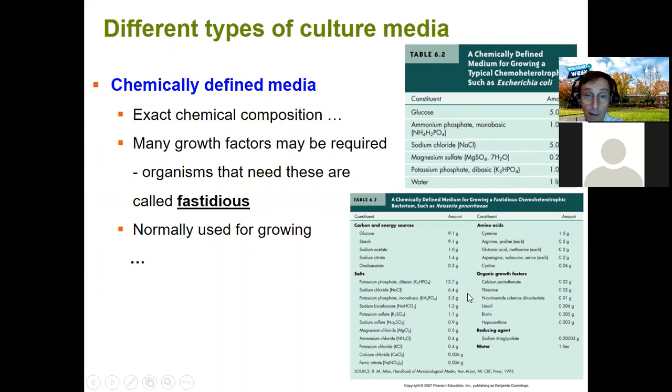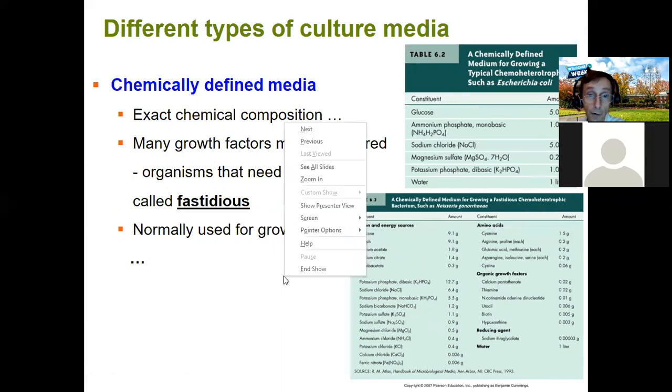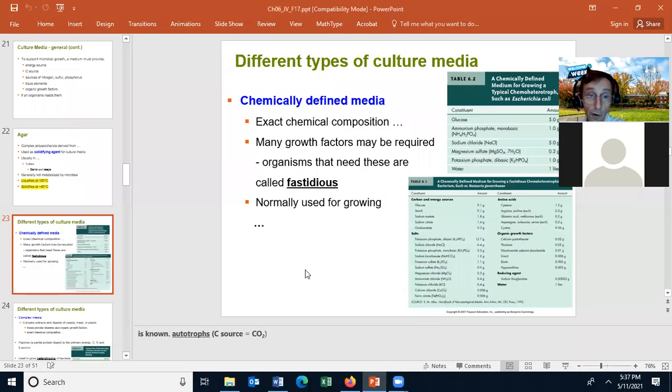And this is a much more complex media where we're adding a whole bunch of organic growth factors to get something to grow. Chemically defined media are normally used for growing autotrophs because they're fairly easy to grow, and so we make the exact media for them to grow.